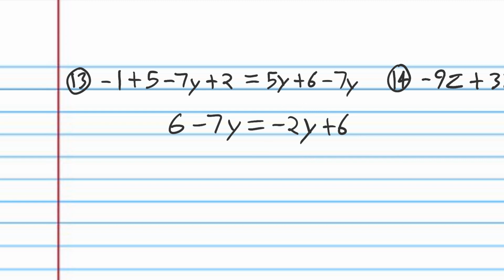So now we're ready to put all the y's on the same side of the equation. In order to do that, we have to perform an operation on both sides of the equation, so I have to rewrite. Whoops, why did I write a negative 6 there?